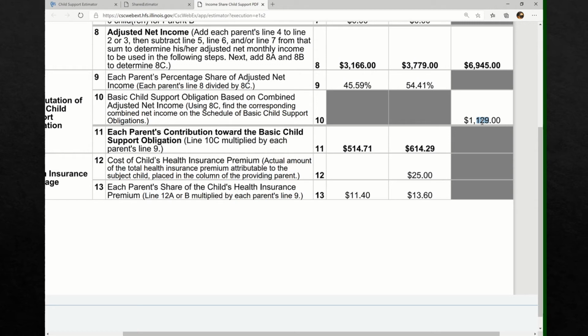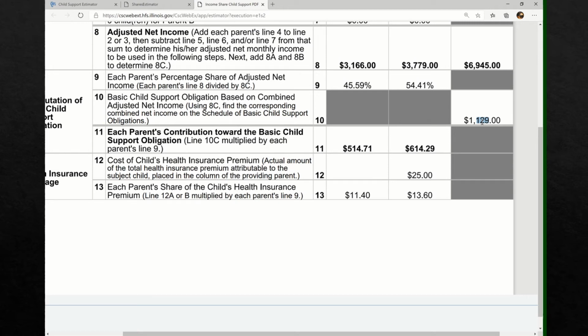But together, it means that if you were living together and you were earning 6,945 net per month, then you would most likely spend 1,129 on the child. Now, of course, these are numbers that the government has based on some statistical computations, and there is no expectation that this is the exact number that you will spend. But to come up with some estimate, this is what the government has calculated.